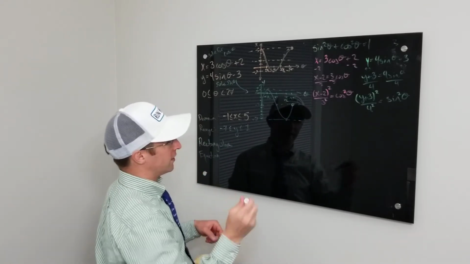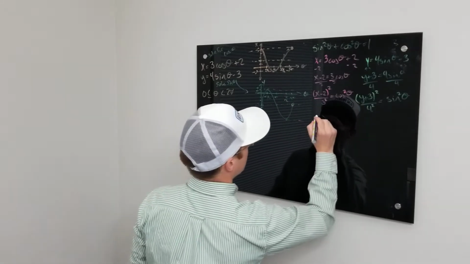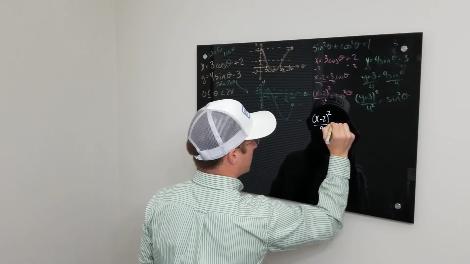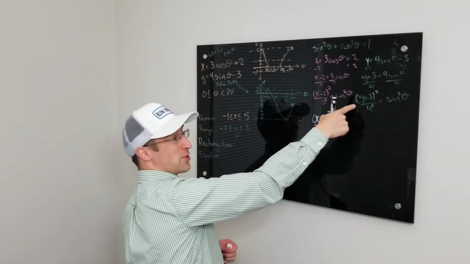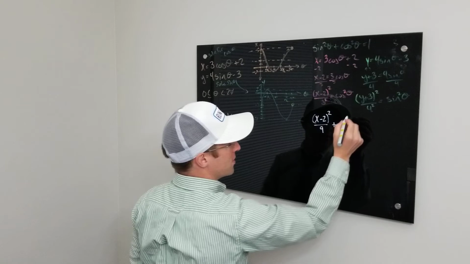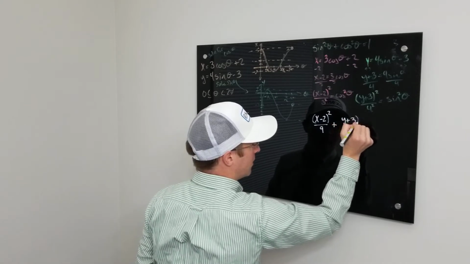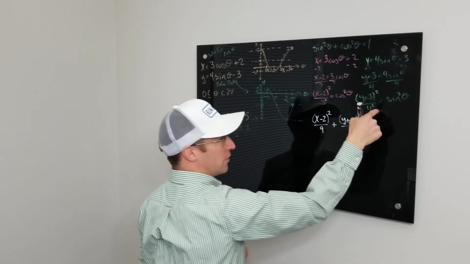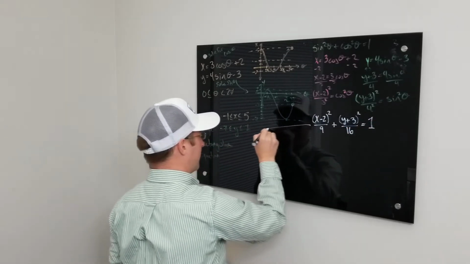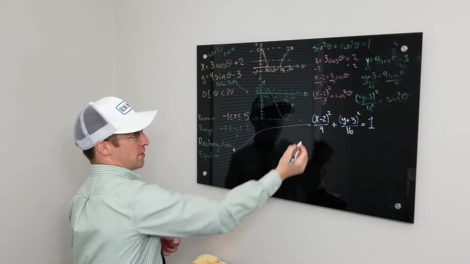So I get x minus 2 squared over 9 plus sine squared, which is y plus 3 squared over 4 squared, 16, equals 1. And that is the rectangular equation.